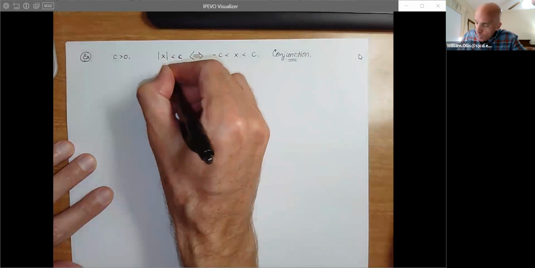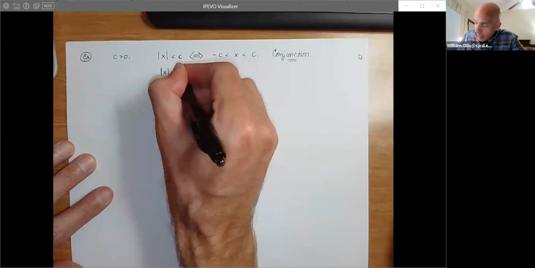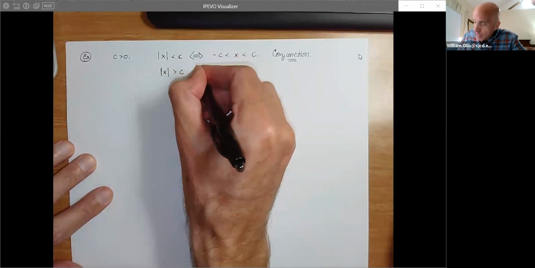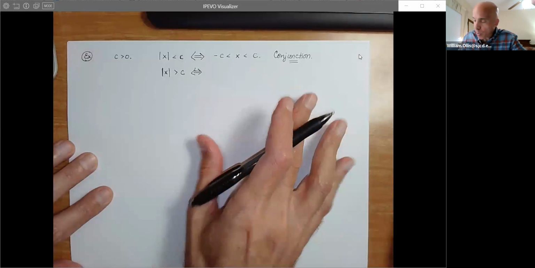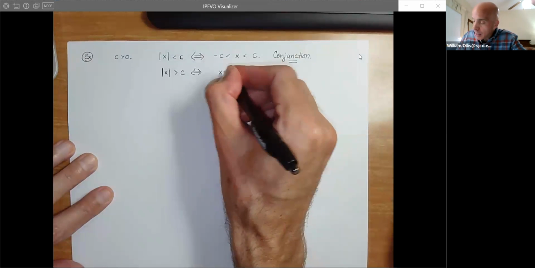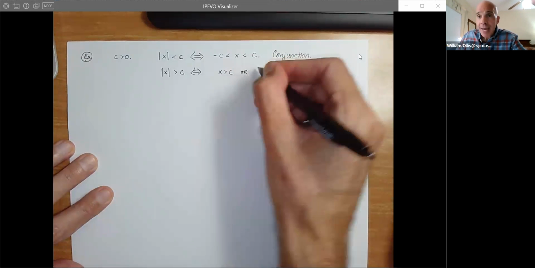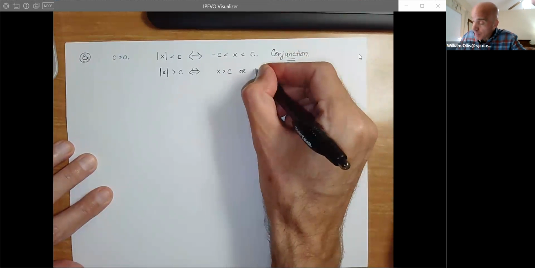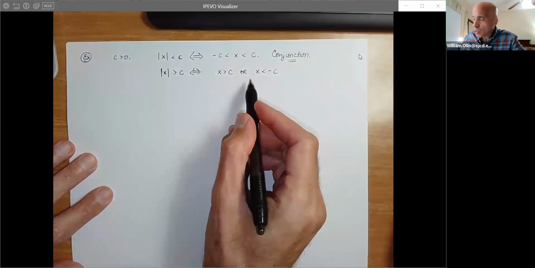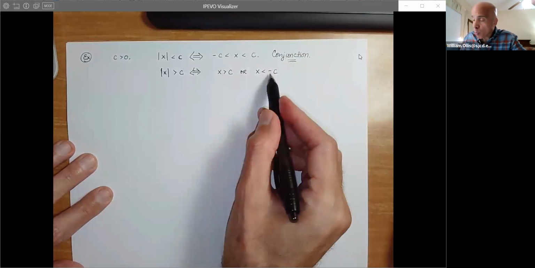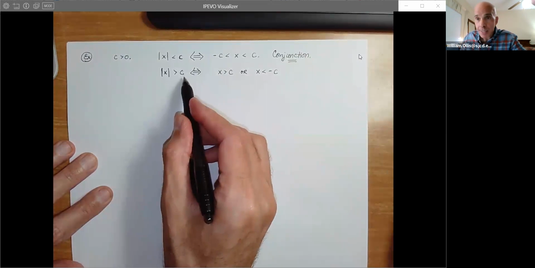And then, of course, the one that we don't use nearly as much, but it does arise, is the disjunction. That is, now we're going in opposite directions: x must be greater than c, or x must be less than the additive inverse of c. We go in opposite directions because both will work, since when we take absolute value, we're still going to be greater than c.